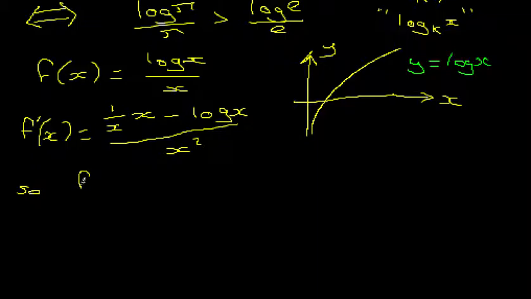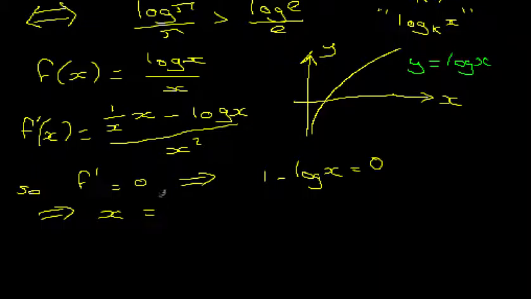So f prime is 0 means that 1 minus log x is 0, which means that x equals k, by adding log x to both sides and then raising both sides to the power k. Remember, k is the logarithm base.